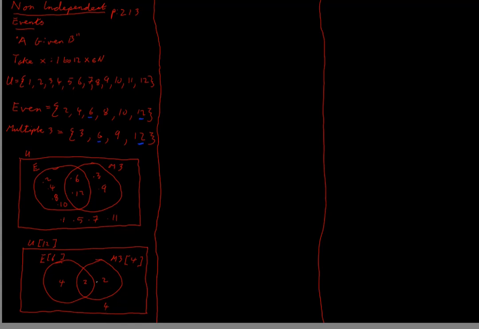Now, so far there is no new maths. We haven't done anything different than what you have already done in Junior Cert. I'm going to use this as an opportunity to remind you of set notation as I am here, and then we're going to get to the new bit once we've established what we already know. So if I wanted the probability of getting an even number, I would have the number of ways of getting an even number divided by my total number of elements.